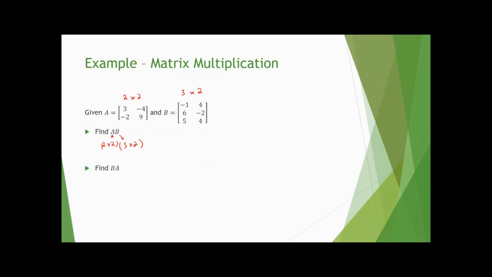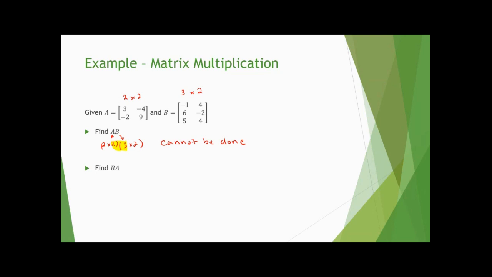So the insides don't match. The rows and the columns for the inside parts, these don't match. They're not the same, so we cannot do this multiplication, because they don't match on that inside there. You have to have the number of columns of the first one match the rows in the second.